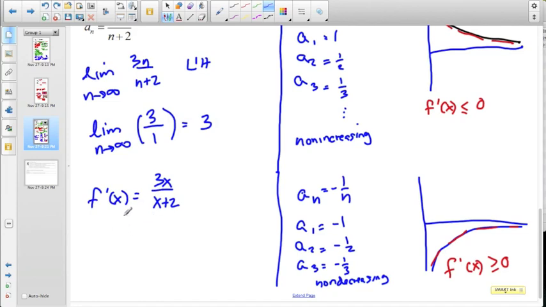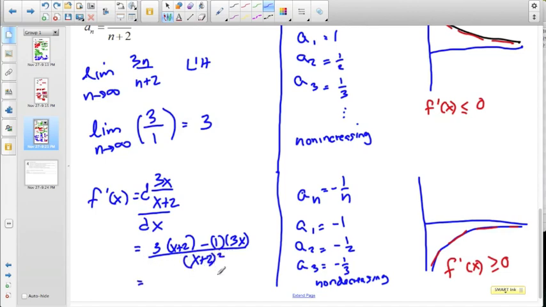So we're looking at taking the derivative of this. So derivative of the top, that's 3, times the bottom, x plus 2, minus the derivative of the bottom, which is 1, times the top, which is 3x, all over the bottom squared, x plus 2 squared.